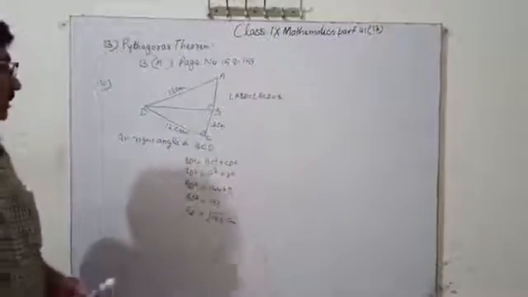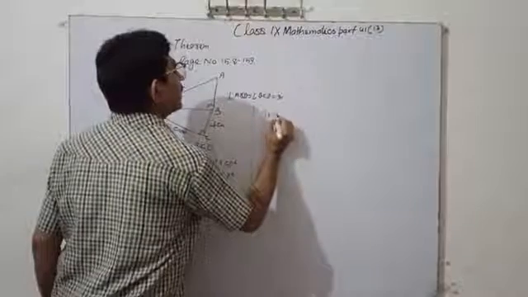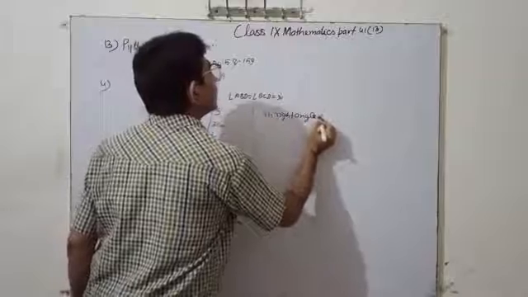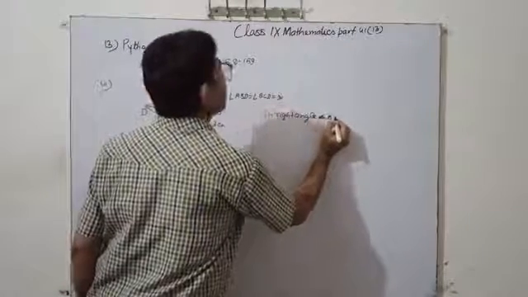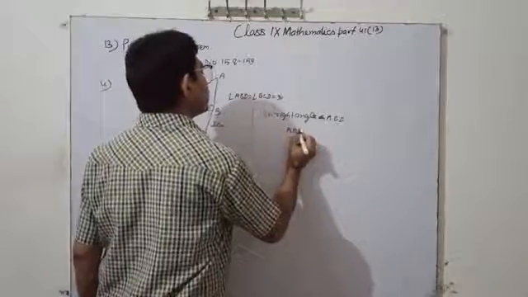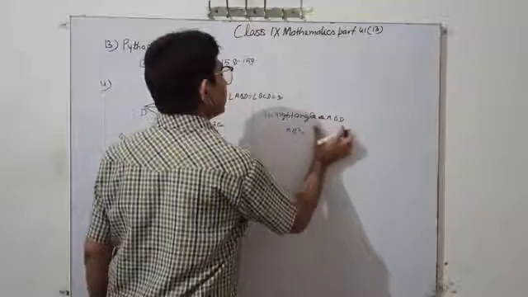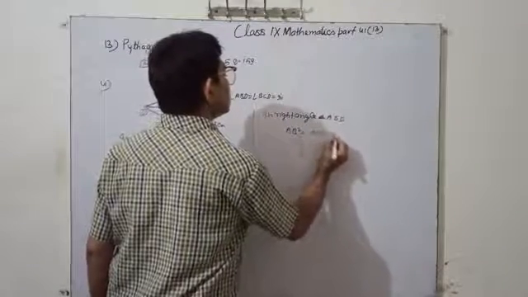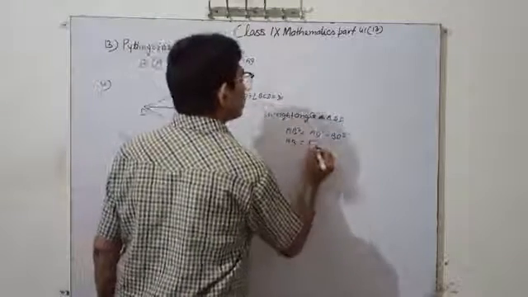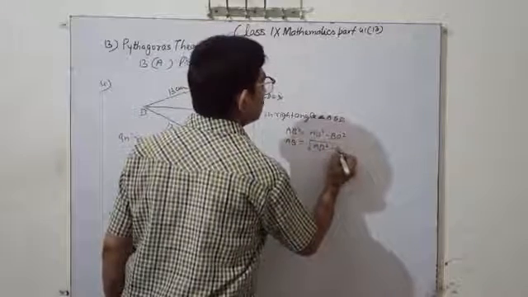Now come on, in a right angle triangle ABD, using Pythagoras theorem, AB square equal to, hypotenuse, AD square minus BD square. AB is equal to root, positive taking, AD square minus BD square.